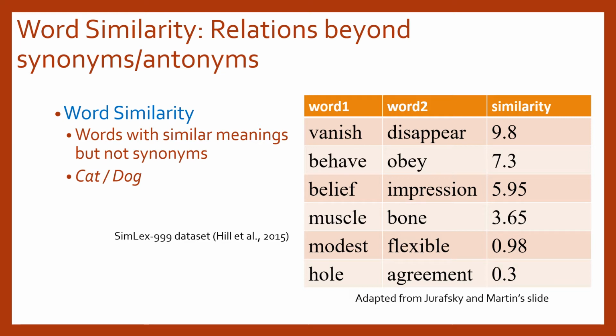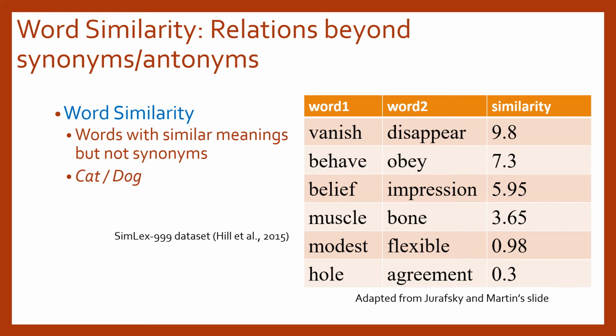and we say that these are similar words. They are often not synonyms in the true sense, but they have very similar meanings, or they occur in a similar kind of word environment.